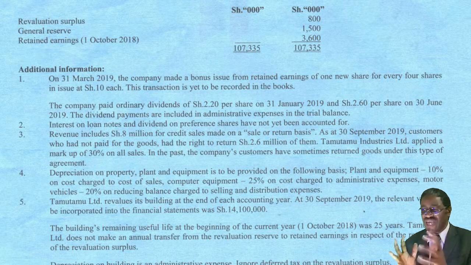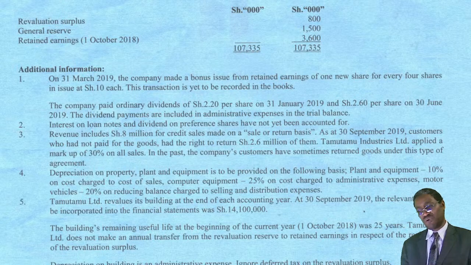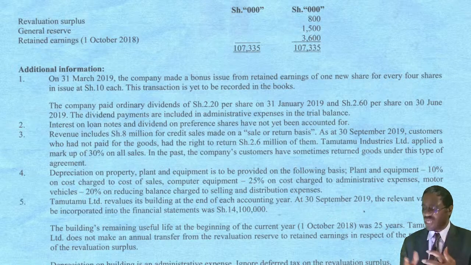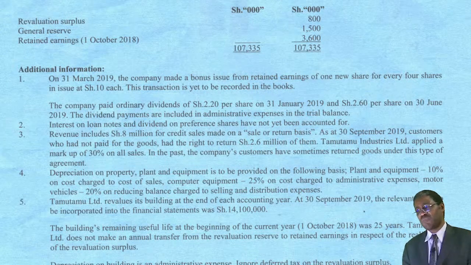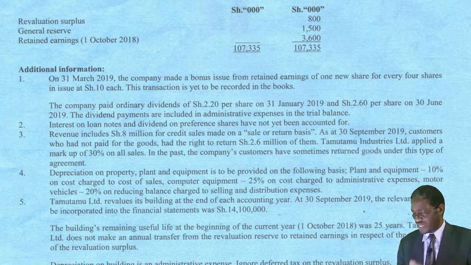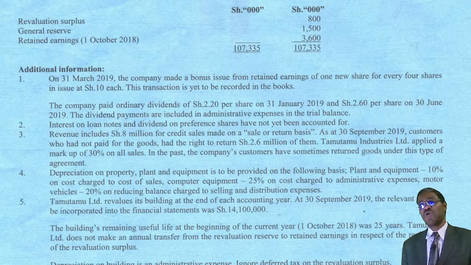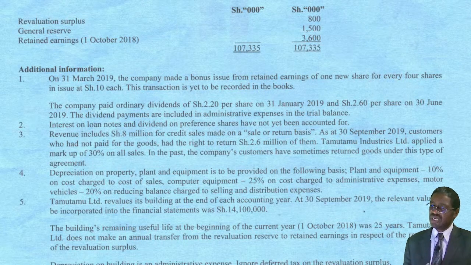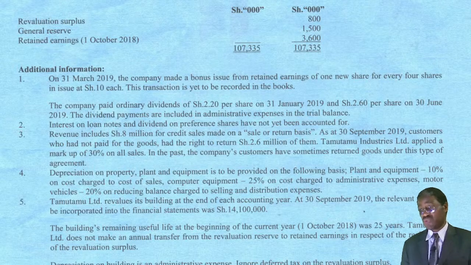They are normally an appropriation of profit. So when we shall be doing the income statement for this company, it is obvious we shall have to correct the amount of the administrative expense. What we are given in the trial balance is wrong.